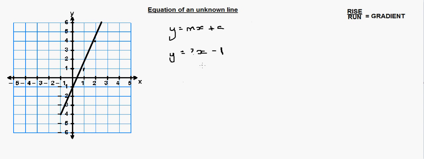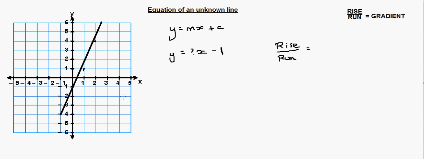Now all we've got to do is find the gradient, and remember, gradient is rise over run. So we have rise over run. Sorry about that, that's a Freudian slip. So that's rise over run.